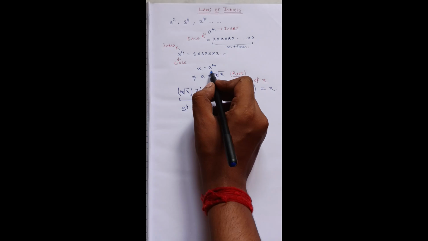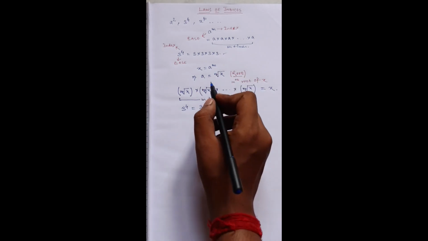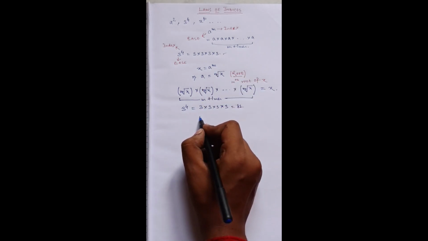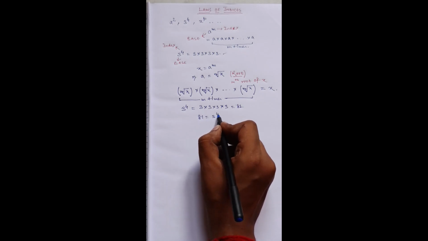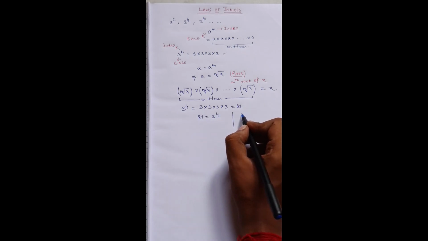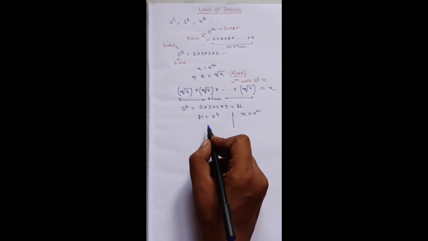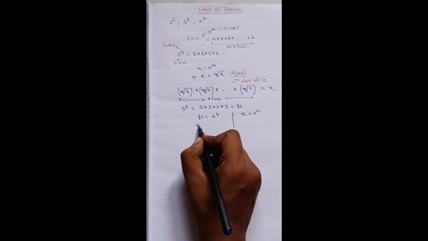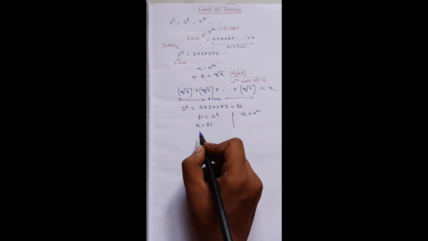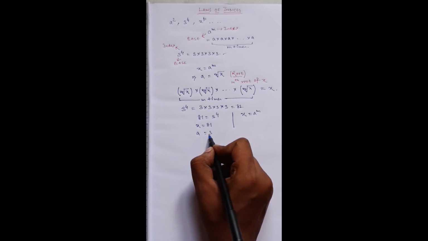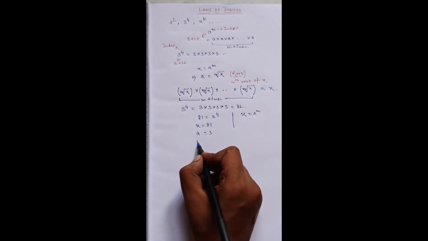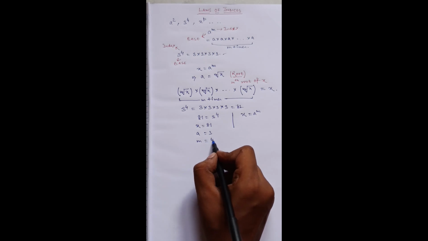Now, if we say 81 is equal to 3 to the power 4, also side by side if we write x is equal to a to the power m, then we can match: x is equal to 81, the base a is 3, and the index m is 4.